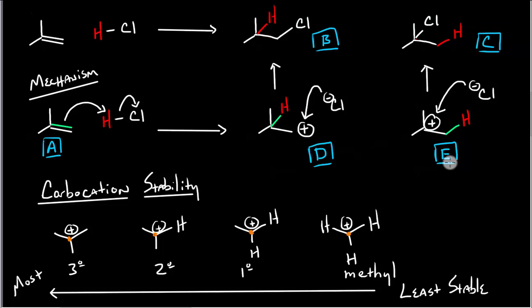We can categorize D and E as carbocations, obviously, but then we can ask what kind of carbocation we have. Do we have a methyl, primary, secondary, or tertiary? Think about this carbon with a positive charge, try to categorize it, and also categorize this E carbocation. Go ahead and pause the video, try to categorize, and then unpause.